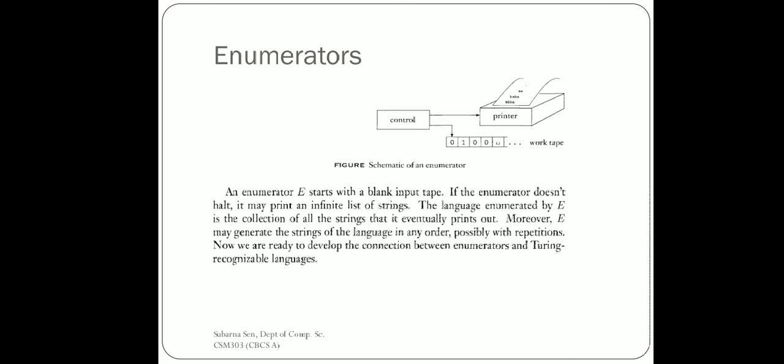The language enumerated by E is a collection of all the strings that it eventually prints out. Moreover, E may generate the strings of the language in any order, possibly with repetitions. So how will it generate in any order? The Turing machine may move right, the Turing machine may move left according to the transition functions which we are developing.